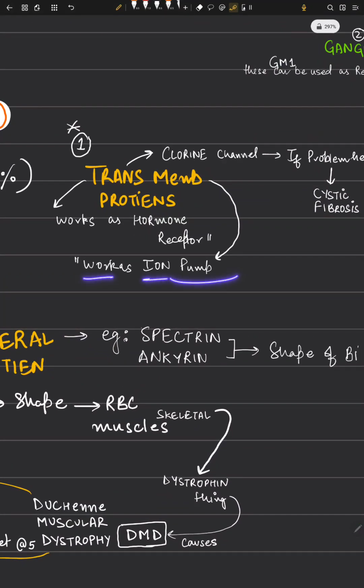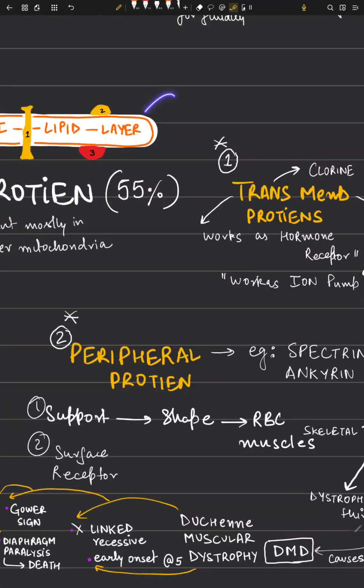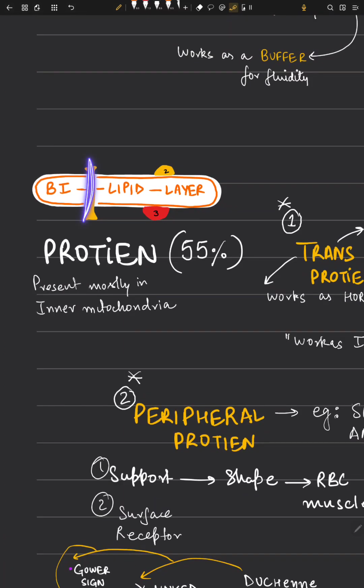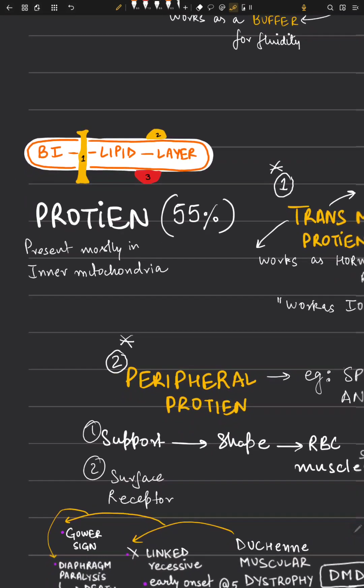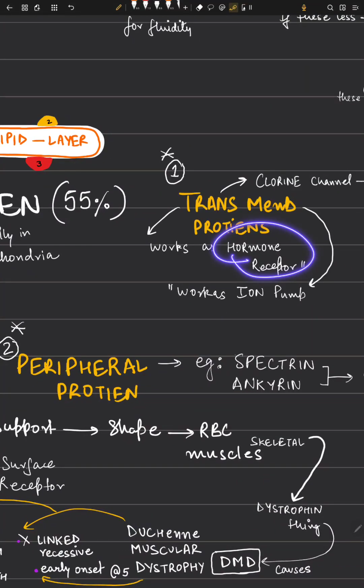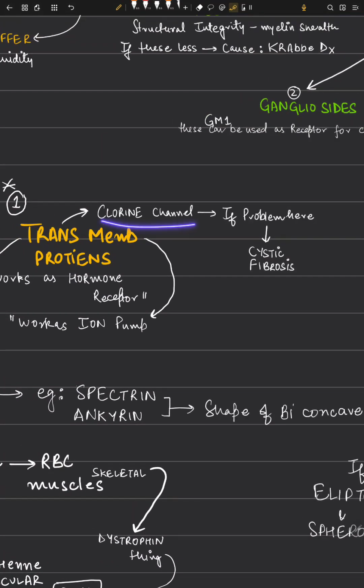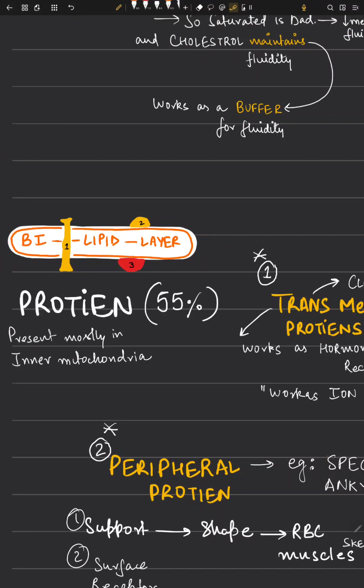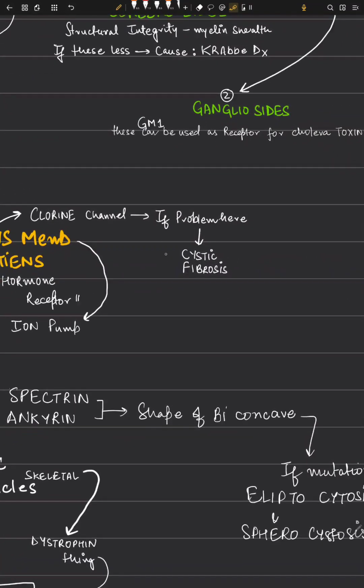They work as ion pumps, ions come in, ions go out. They work as hormone receptors, because they are outside, so they can identify or look for any hormones outside. They can work as ligand receptors. They even work as chloride channels, Cl negative, so they can change the electronegativity of the whole cell.